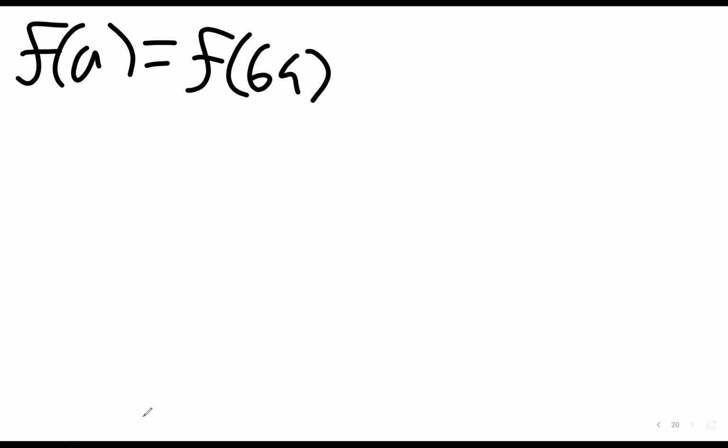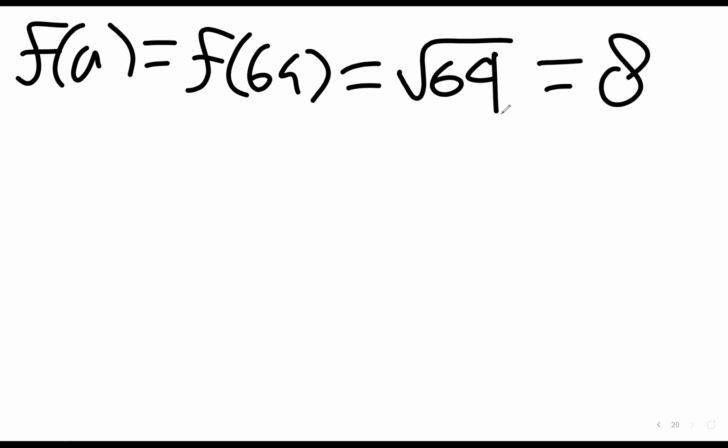So f of a equals f of 64, and f of x is square root of x, so square root of 64, and that will be 8. And now I will find f prime of a. Of course, if f of x equals square root of x, then f prime of x equals 1 over 2 square root of x.